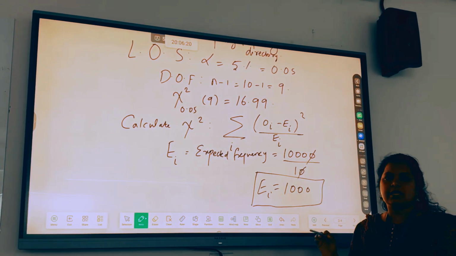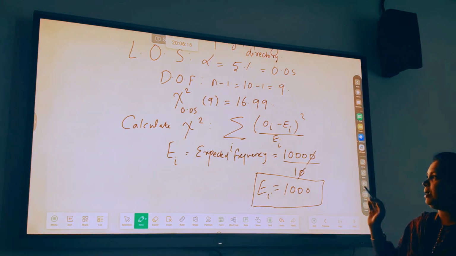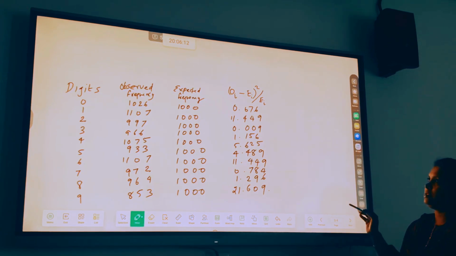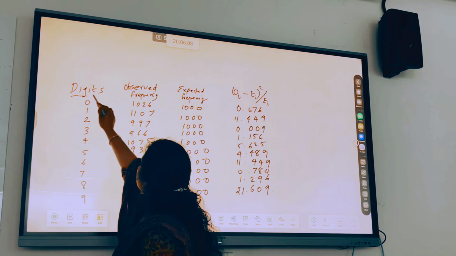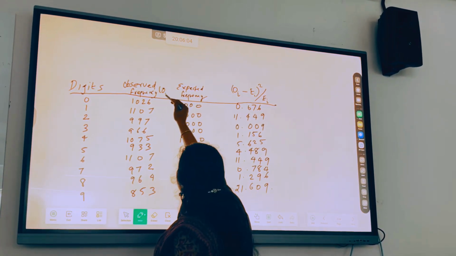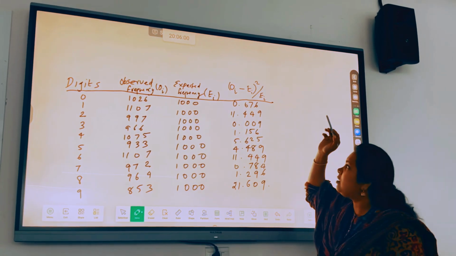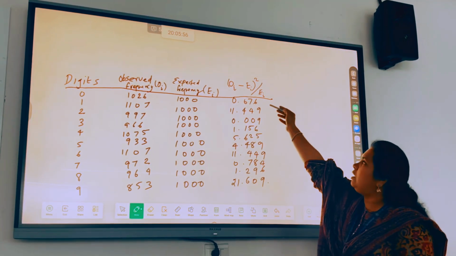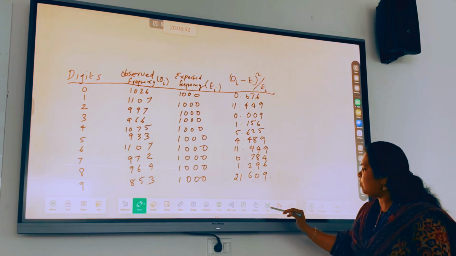Now let us calculate how OI and EI can be used. If you look here, you will have the digits, the observed frequency in the problem, and the expected frequency we have calculated. One by one you have to subtract, square, and divide by EI.